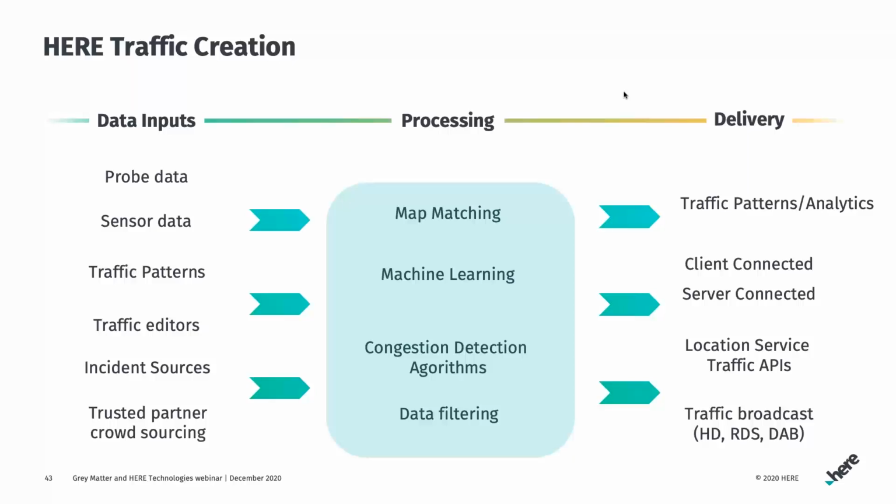We use machine learning, congestion detection algorithms, data filtering, and map matching in order to provide full alignment with all our other products like map and places, which were described by Olivier, Brian, and others. As for delivery methods, after the data is processed, we deliver traffic patterns, traffic analytics, different connected traffic services, and broadcast traffic via different channels.